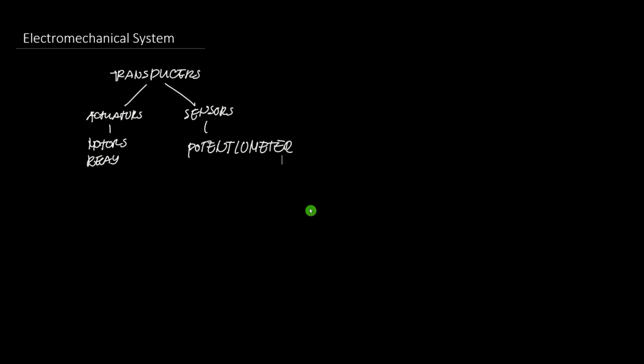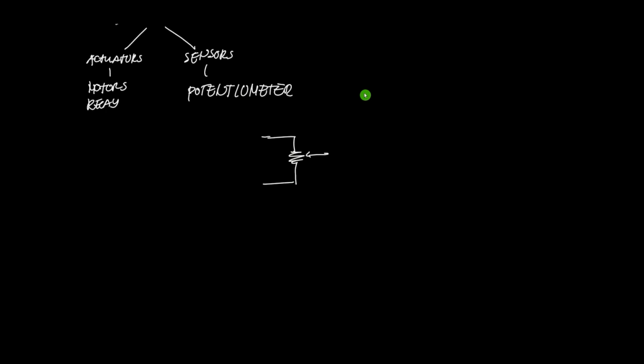Why? Because this is just a variable resistor with three terminals. The resistance here is varied by rotating. So if you rotate the potentiometer, you're applying mechanical energy, and the output here will be electrical energy.